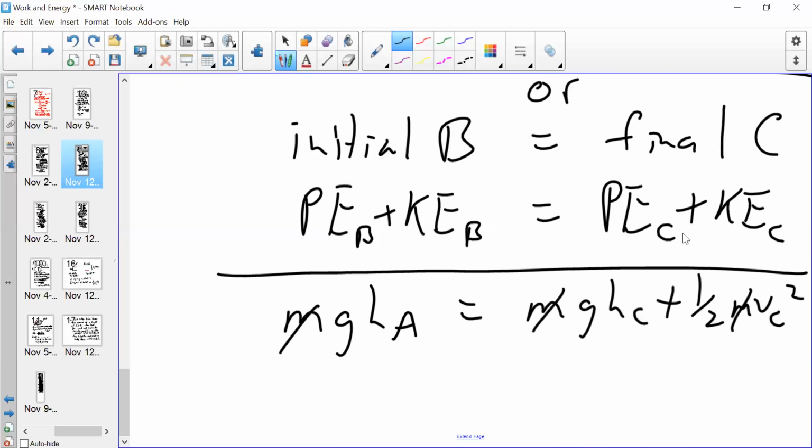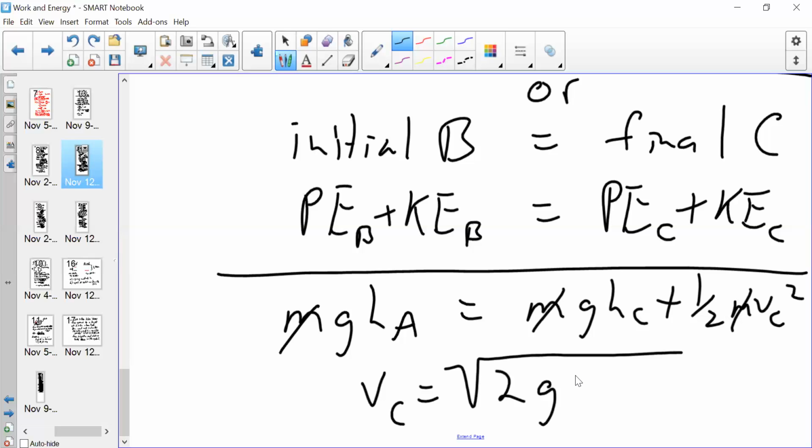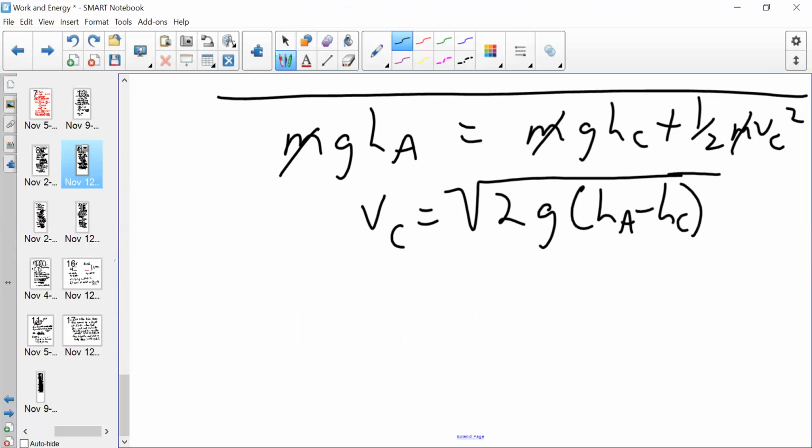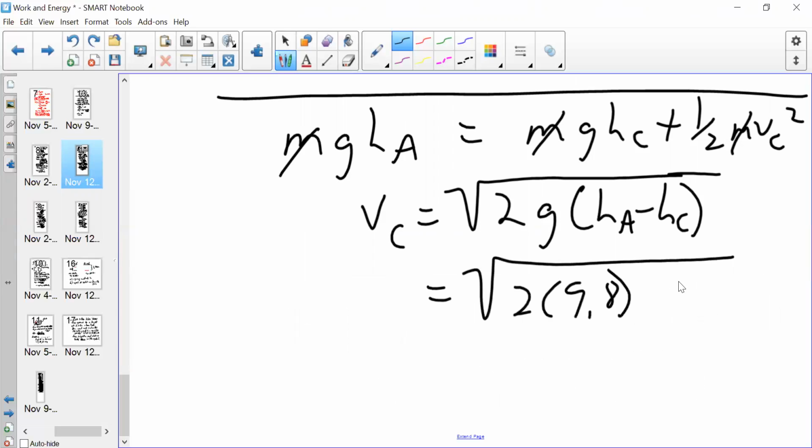That leaves me with velocity at C is the square root of 2g times HA minus HC. So I get 5 minus 2, which is 3, and the square root of 58.8 is 7.67.